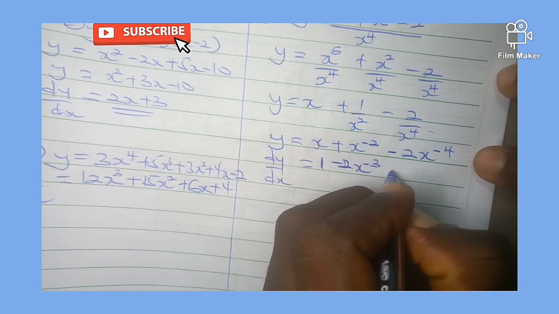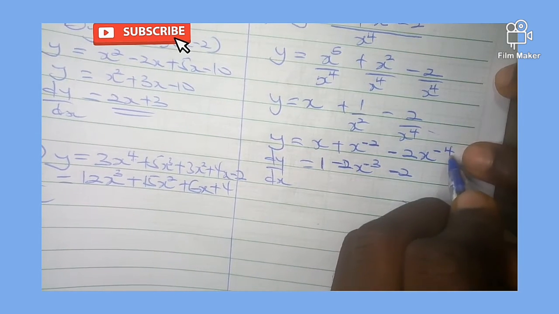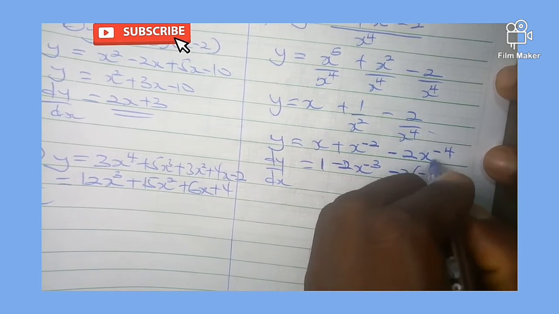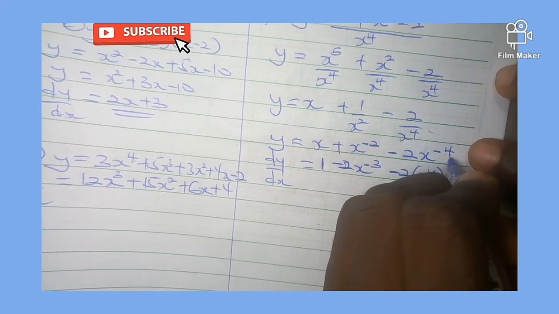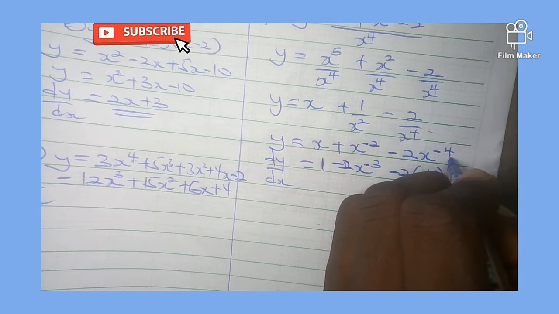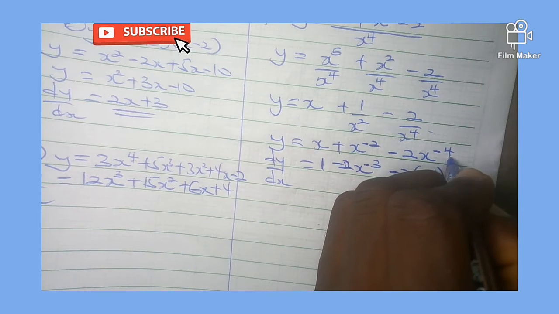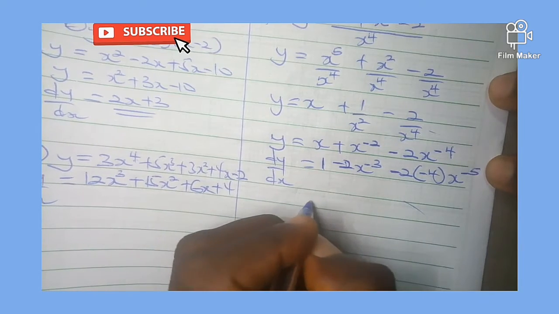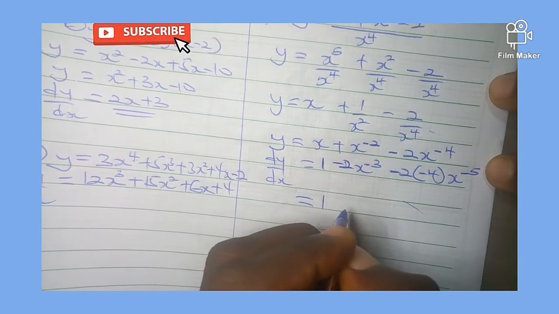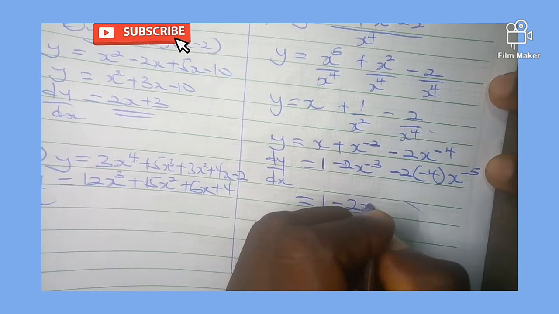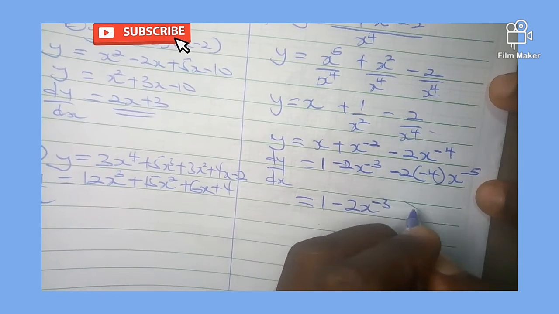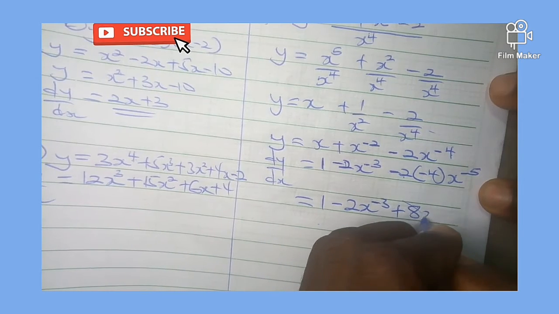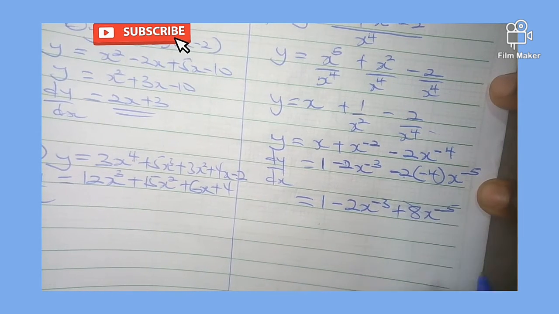Now multiply this minus 4 by the minus 2, making 8, and reduce the power minus 4 by 1, so minus 4 minus 1 making minus 5. Good. So I have 1 minus 2 x to the power minus 3, plus 8 x to the power minus 5.